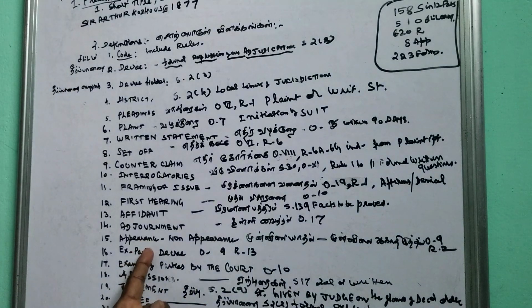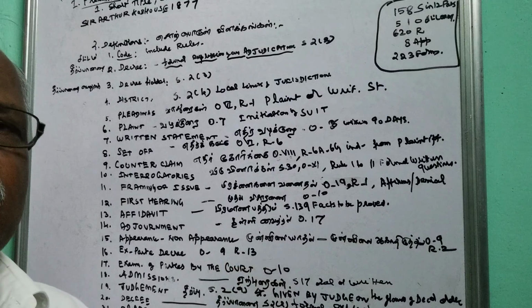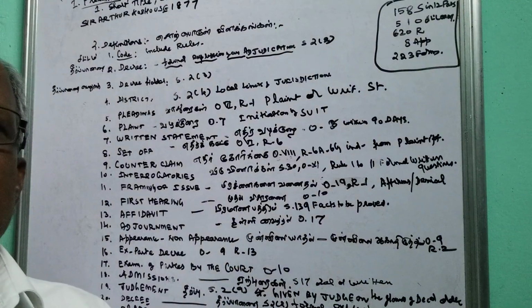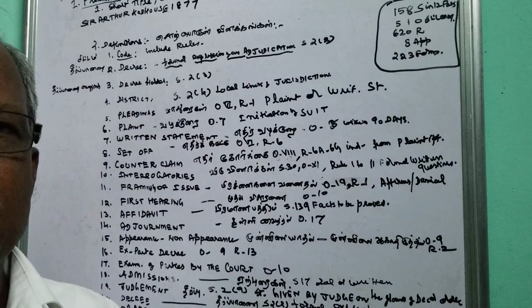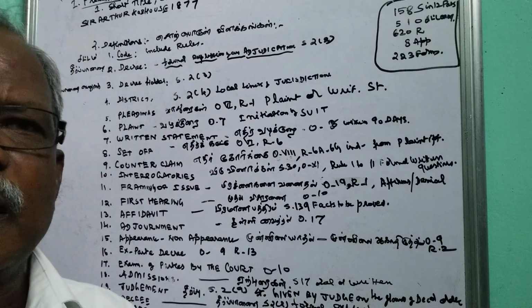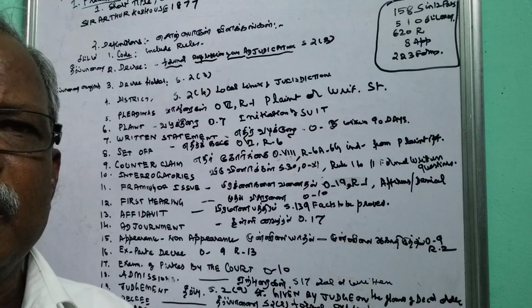Then ex parte decree, Order 9, Rule 13. Ex parte decree means whenever the defendant is not appearing for the hearing, for the whole hearing, then an ex parte award will be given.